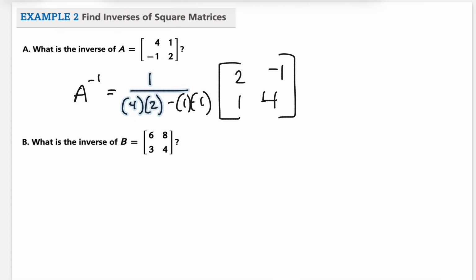If I get the determinant, it's going to be 8 minus -1, so 8 plus 1, which would be 9. So this is going to be 1/9 times that matrix. If I multiply that out, I get 2/9, -1/9, 1/9, and 4/9.